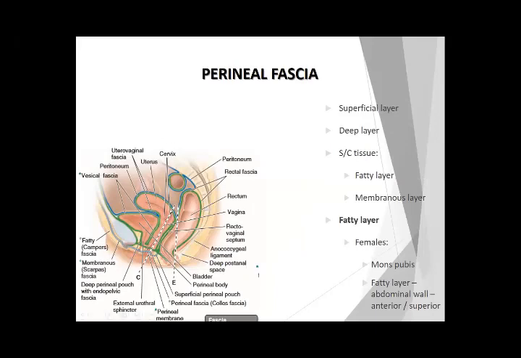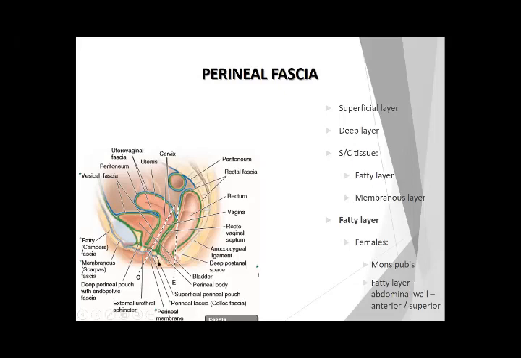In females, the fatty layer from the perineum then goes onto the front of the symphysis pubis. This area is called the mons pubis. This yellow is the fatty layer, and then it is continuous with the fatty layer of the anterior abdominal wall. I'll repeat once again.